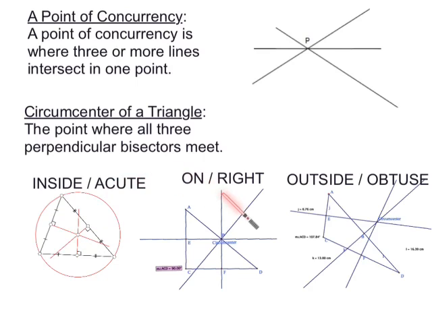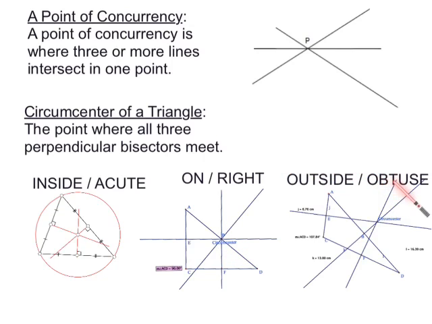On a right triangle, all of your perpendicular bisectors actually meet on the triangle itself. So if you look here, triangle ADC has all the perpendicular bisectors meeting on this point, and that point is actually on the triangle.